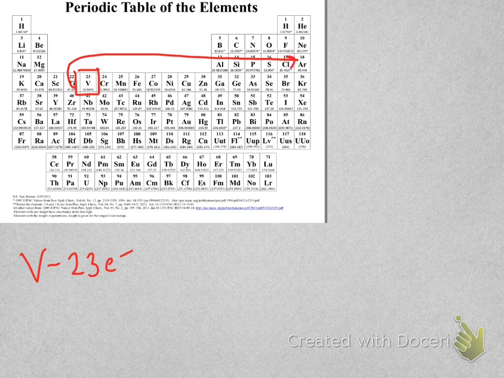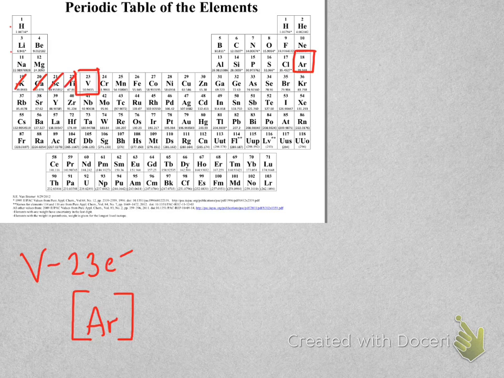So because vanadium appears in the 1, 2, 3, 4th period, and the 3rd period noble gas is argon, vanadium's noble gas configuration is going to be written starting off with, well, it's got everything argon has, plus 1, 2, 3, 4, 5 electrons. Okay, so argon plus 5 electrons.